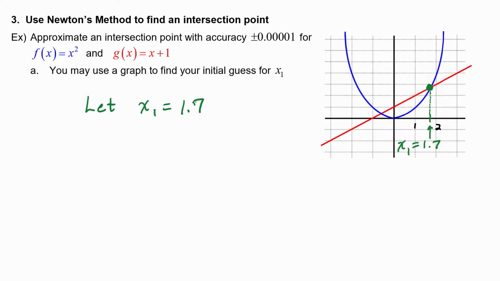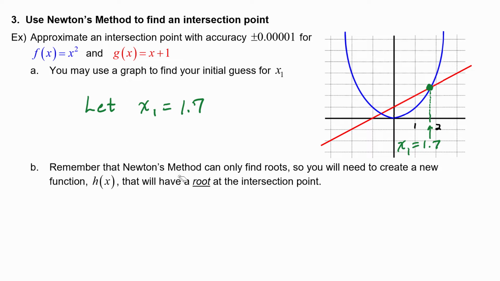Now, it's important to remember we are trying to find an intersection point, but Newton's method can only find roots. So what we need to do is to create a new function, and we'll call it h of x, so that h of x will have a root where these two functions intersect.